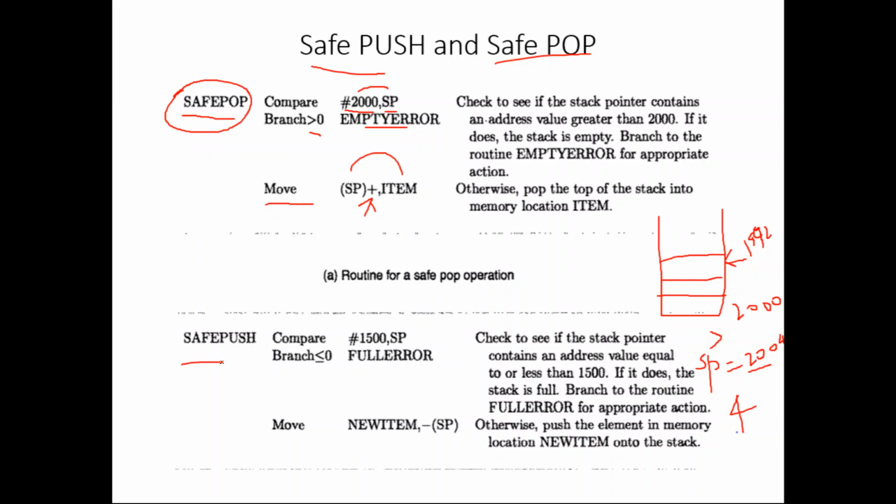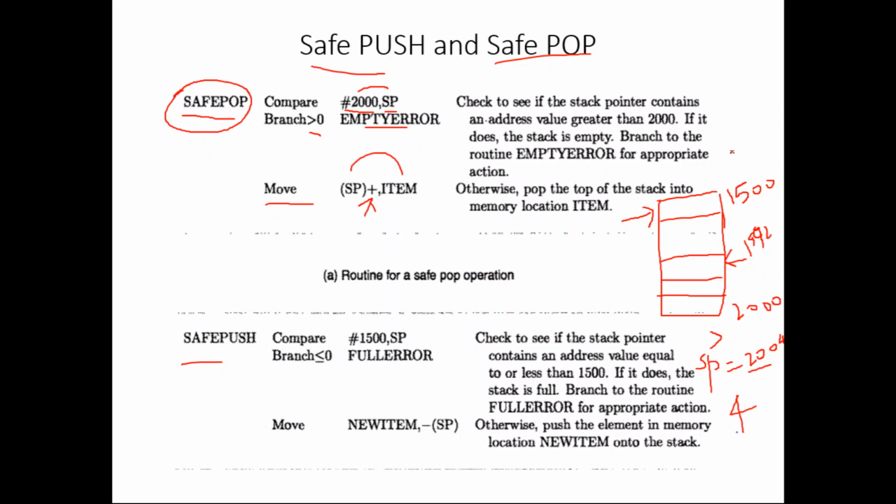And this is for push. Push means what? Let us assume the topmost element address of this stack is 1500, that is, it spans from 2000 to 1500. So SP should not hold anything less than 1500.